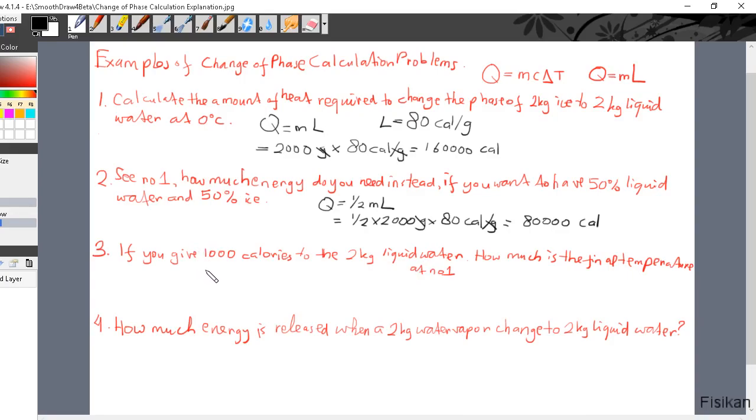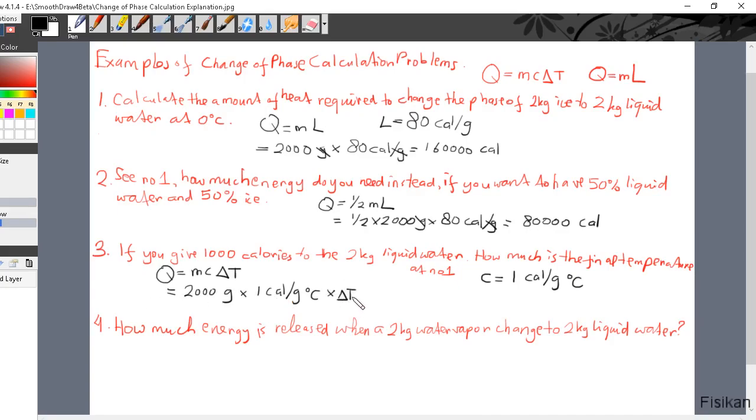And this is how we are going to solve this. Q equals mc delta T. M here is 2000 gram, and C, the specific heat capacity of liquid water, is 1 calorie per gram Celsius degree. Multiply by the delta T.